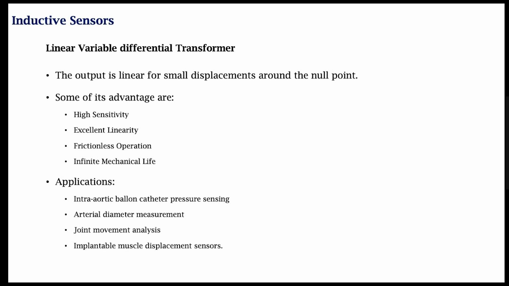And for biomedical applications, we are looking at LVDTs that are really small, and there are such devices available, because many times we are interested in measuring displacements and pressure in a catheter. Catheter means you are looking at sub 2 mm, sub 3 mm sized systems.